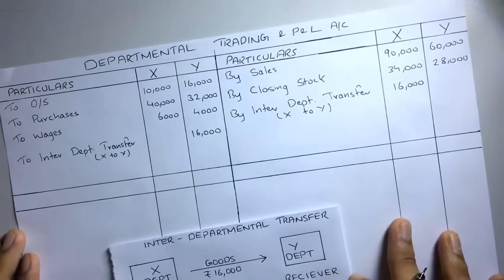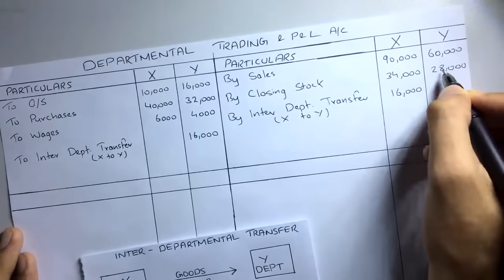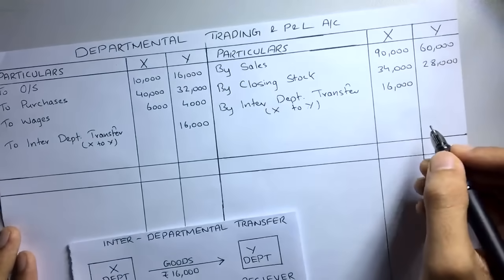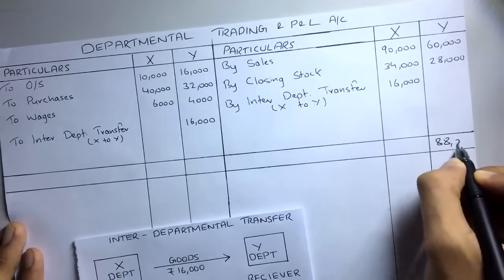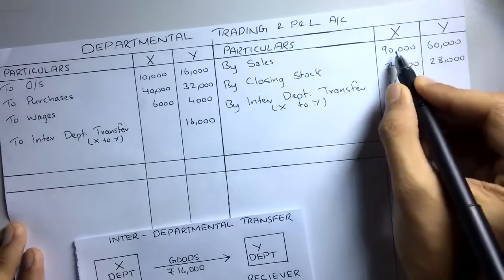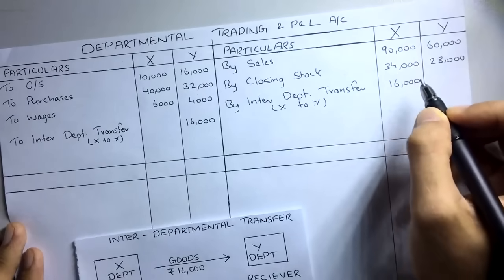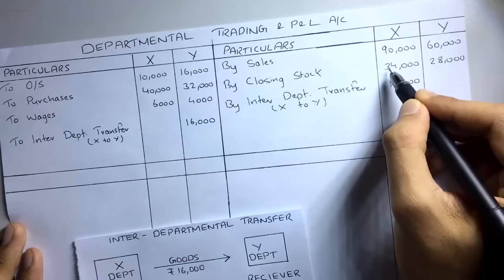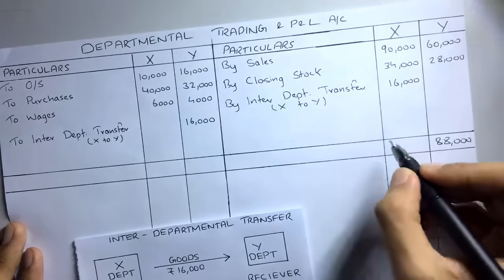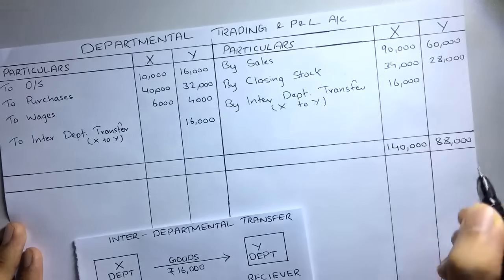Now let's tally the trading account. See, 60,000 and 28,000 is equal to 88,000, right? And then here 90,000, 34,000 and 16,000 is equal to 1 lakh 40,000.